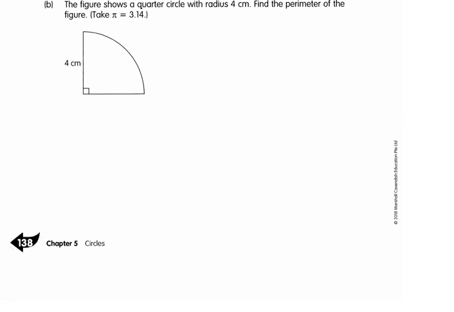Okay, the figure shows a quarter circle. Another name for a quarter circle is known as what, Kaden? Quadrant. Okay, Jing Kai, how to spell quadrant? Q-U... Quadrant.